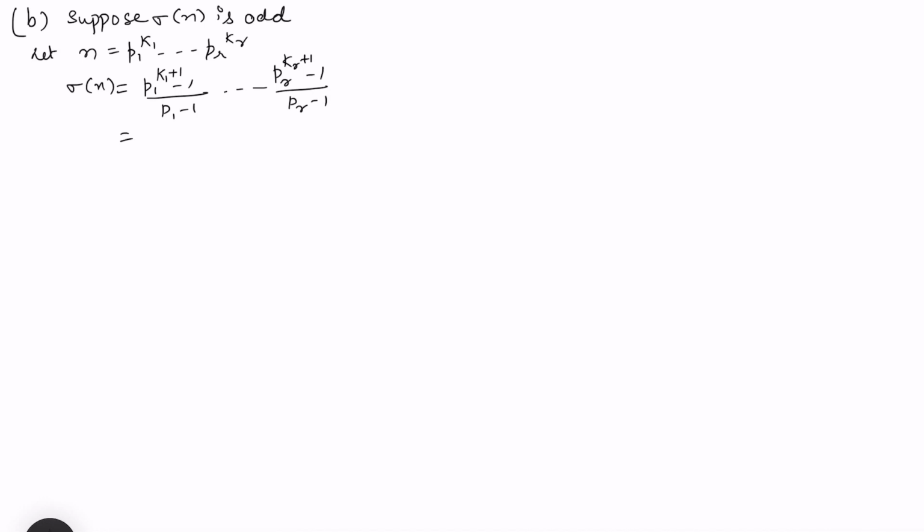And if we just cancel out this term, this will become a product of terms of this type: 1 plus p1 plus so on plus p1 to the power k1, and so on, 1 plus pr plus so on plus pr to the power kr. Now for sigma n to be odd, each of these terms has to be odd, because the product of odd quantities is odd.